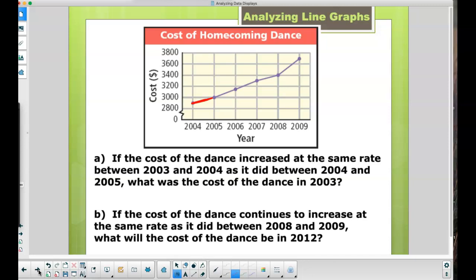I would say in 2004 it was $2,900, and in 2005 it's $3,000. So how much did the cost of the dance go up from 2004 to 2005? Caleb? About $100. Everybody agree? It increased $100. So if that increase was the same the year before, how much would the dance cost in 2003?